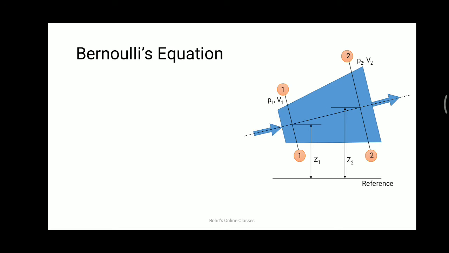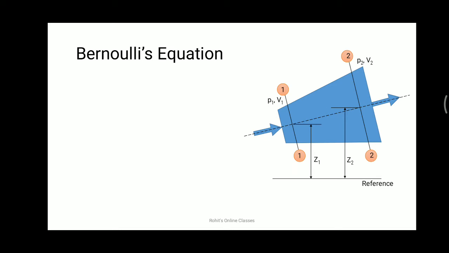any pipe section. Okay, so as the flow is passing from the first section, there are two sections, 1-1 and 2-2. Now the 1-1 section and the axis of the pipe, they are crossing at certain height, and that height is nothing but z1 from the reference line.